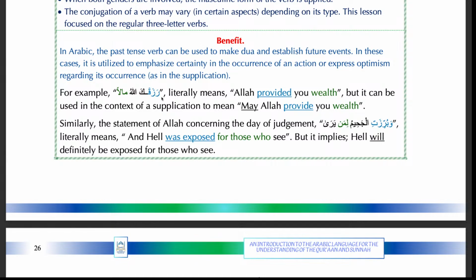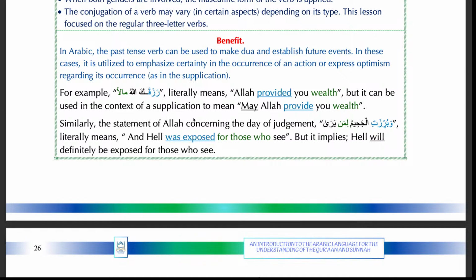Now the context, you're going to know from the context whether what is meant is a dua or whether what is meant is a statement. And sometimes in the Quran, it can mean both. It's a dua against them and also a statement that something occurred.